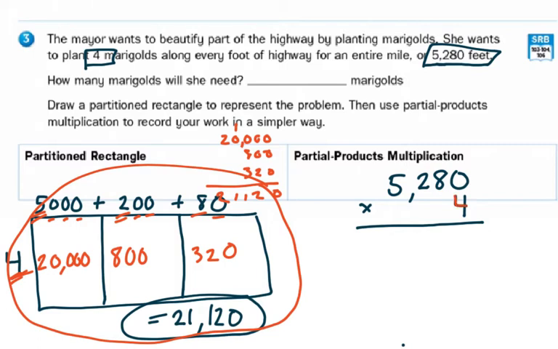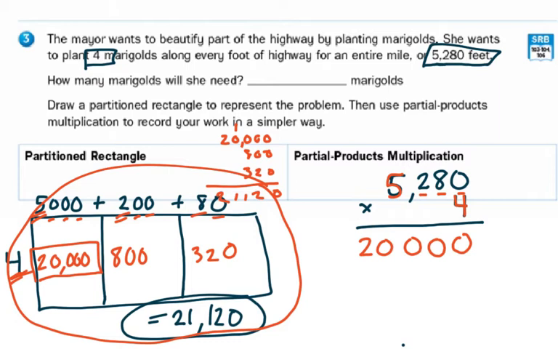So I'm going to take the 4 times the value of the 5. So 4 times 5 we know is 20. Then there are 3 places after the 0. I'm going to add the 3 zeros. Same thing as I have over here.